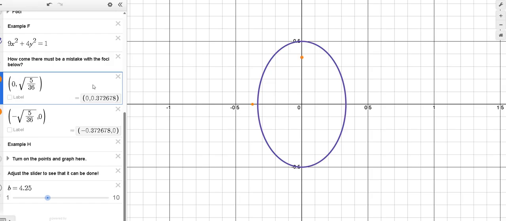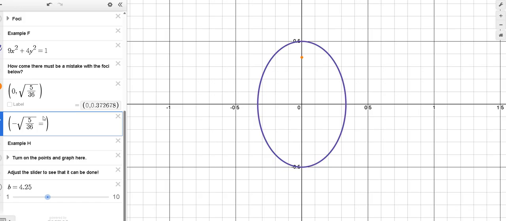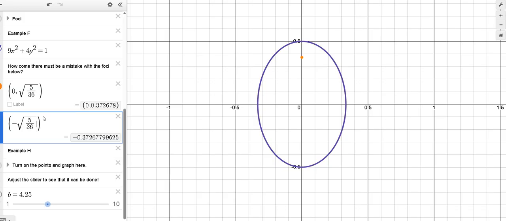But what I do want to point out is if you make a mistake with your foci, you could end up with foci outside the ellipse. And if that happens, there is a mistake. Your foci should lie inside the ellipse. So when we saw foci outside the ellipse, you know right away that there's a mistake.